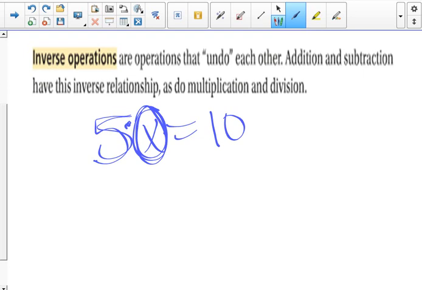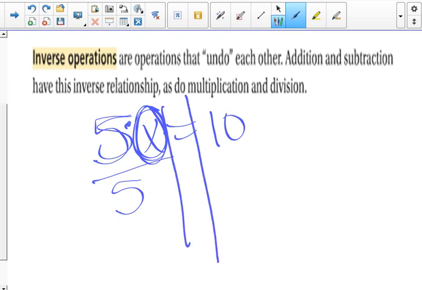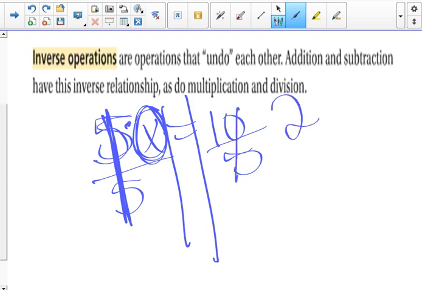Divide. So to get rid of this 5 that's multiplied to x, we have to divide by 5, do the opposite. And if I divide this side of the equation by 5, I've got to divide this side by 5. Then these cancel out because 5 over 5 equals 1. And we're just left with 1x, or x, which was our goal, to isolate x, equals 10 over 5, which simplifies to 2.